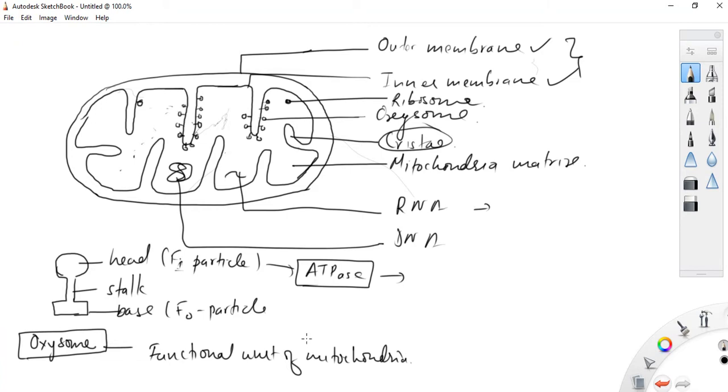Oxysomes contain a head, stalk, and base, and inside the head, oxysomes have an enzyme known as ATPase, or simply ATP synthase, which synthesizes ATP during cellular respiration. So this is about oxysomes.